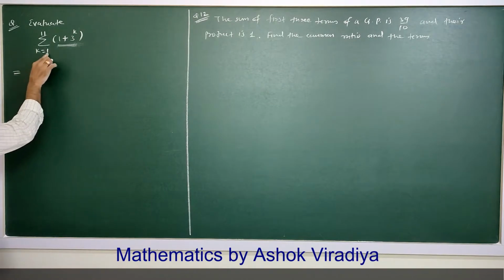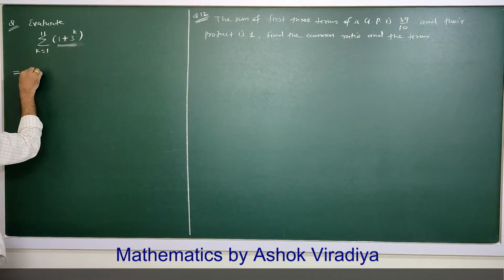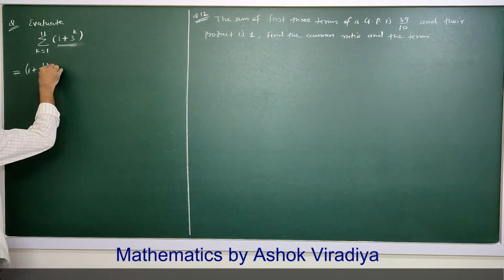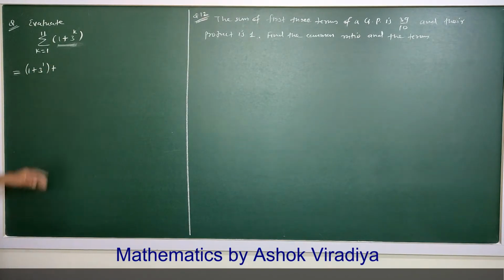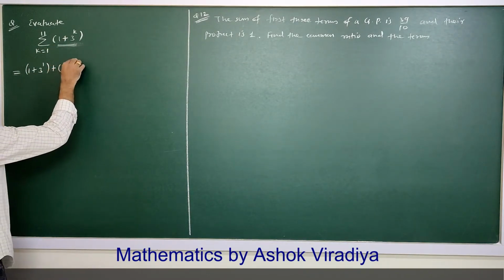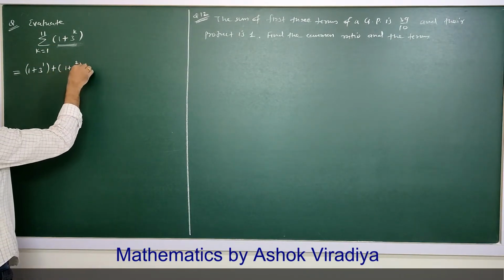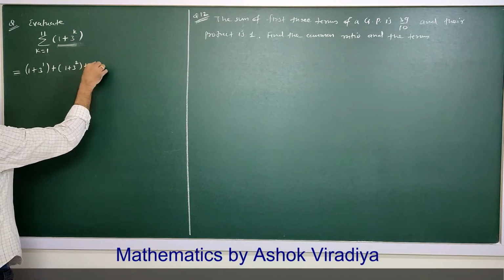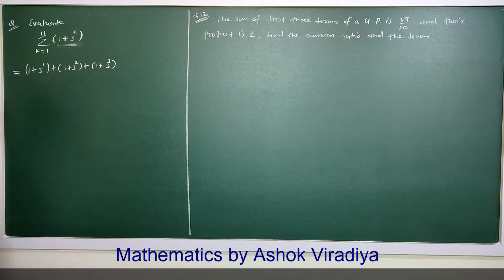Sigma keeps k equal to 1 here, so the first term is 1 plus 3 raised to 1. Then plus, sigma keeps k equal to 2, so 1 plus 3 square. Then plus, sigma keeps k equal to 3, so 1 plus 3 cube.